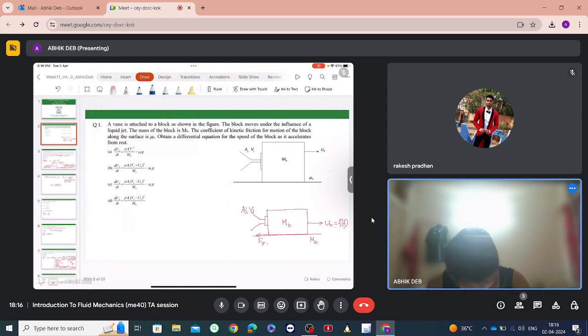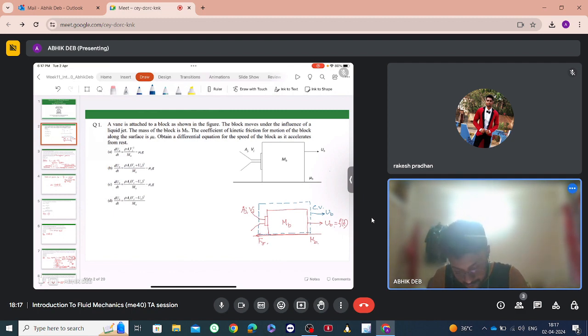We considered this as the control volume which is moving, and it is also moving at a velocity ub, but its shape or dimensions are not changing with time, that is, its volume is fixed with time. So the first term on the right hand side of the momentum conservation will become 0.